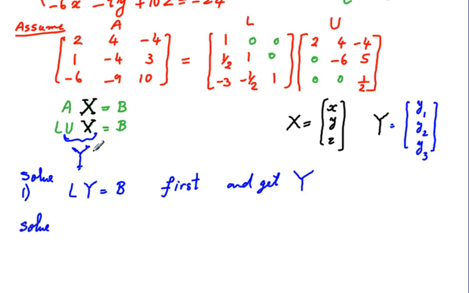Y was U times X. So by then you know what your Y is, and your Y came out of U times X. The original quantity you were after was this X. You are saying U times X is equal to Y, so you go ahead and solve this second time around.